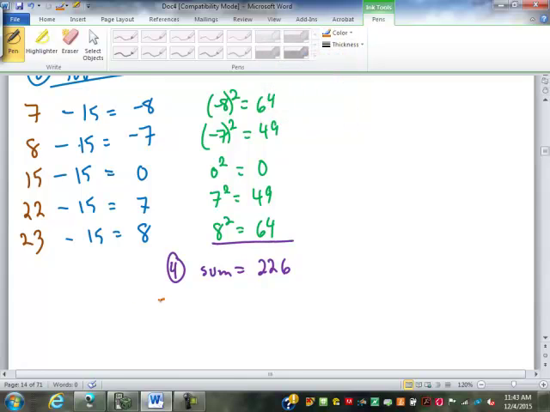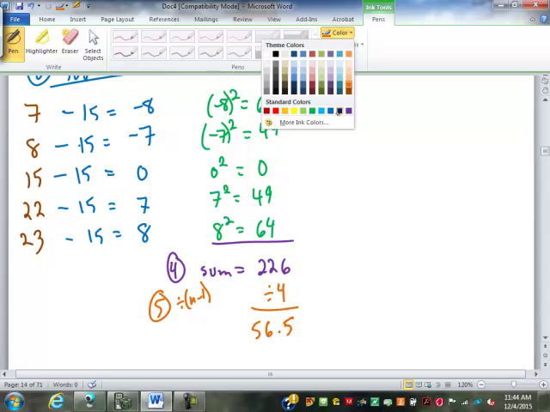What's step 5? Divide by n minus 1. So n is 5, so n minus 1 would be 4. This is what, 56.5? Which would be the variance, again, if we were asked for the variance.